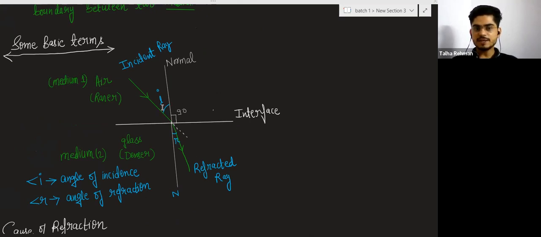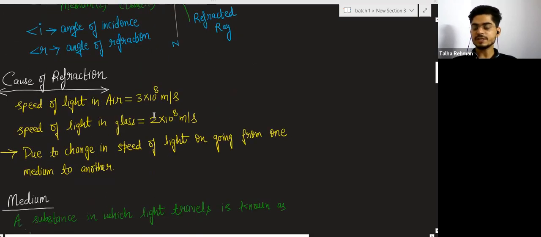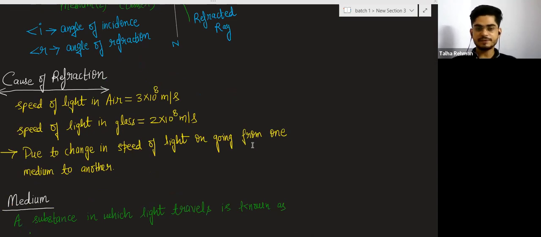This I is the angle the incident ray makes with the normal. This is known as angle of incidence, and this refracted ray makes an angle R with the normal. This angle is known as the angle of refraction. And cause of refraction is there are different speeds of light in different mediums.